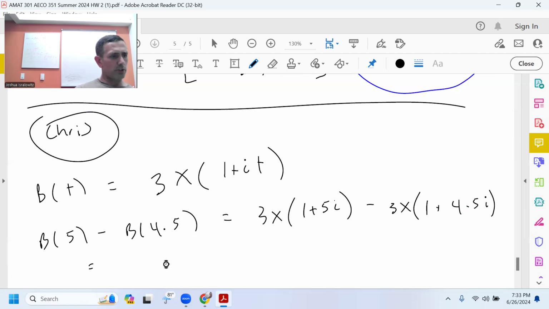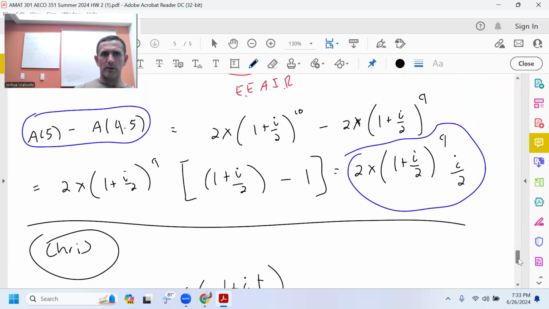So that's going to be equal to, well, 3x's cancel, 15 minus 13.5. Right, 15 minus 13.5 is 1.5. So 3x times I over 2.